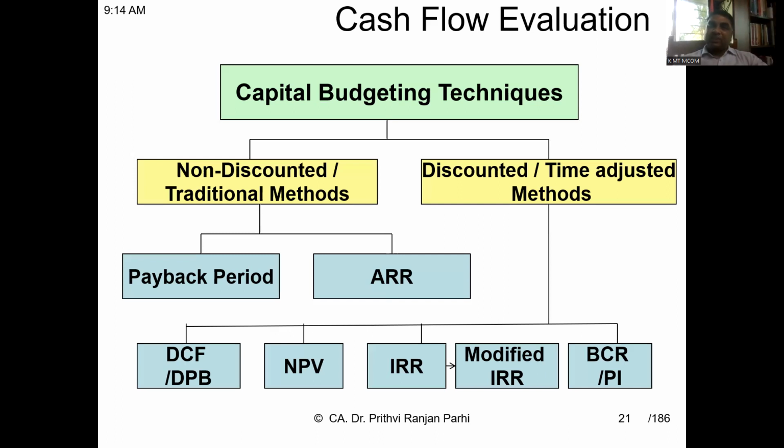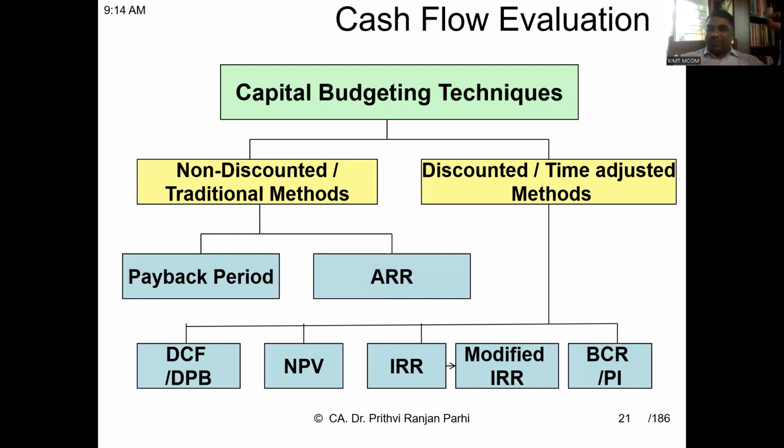This 10,000 is discounted 10% to arrive at the present value. So when you take an investment decision, we do not consider the future cash flows as they are. They are discounted and brought to their present value so that they can be compared with the present investment.